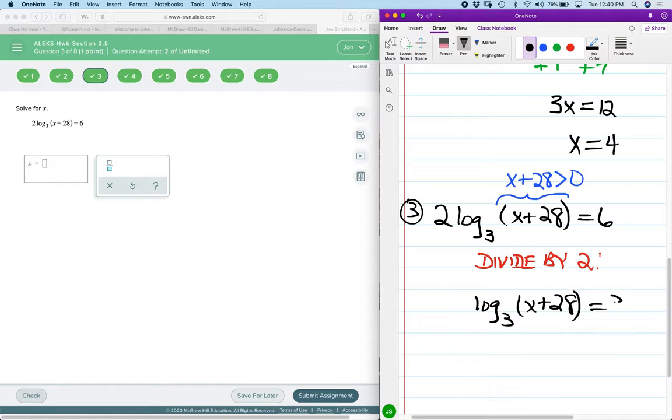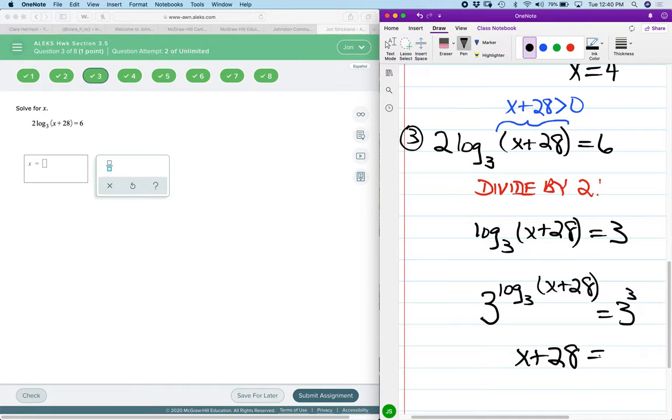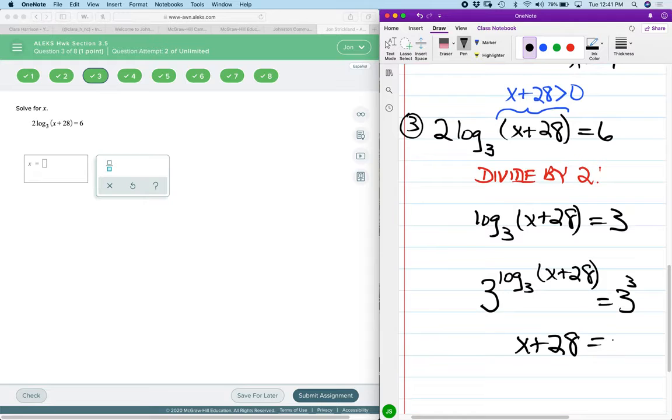is equal to 3, and freeing up the x plus 28, we have a logarithmic term with the base 3 logarithm. I'm going to treat both sides as powers to which the exponential base 3 is raised. So on the left-hand side, we have x plus 28, and to the right, we have 3 cubed, which is 27. So x plus 28 is equal to 27, and from this, x is equal to -1.